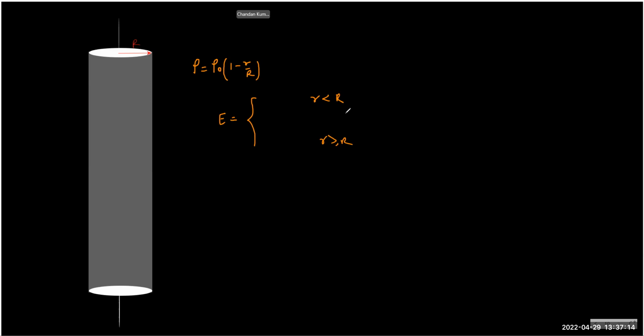So you know how to take the cylindrical shell as elementary? Sir, I'm getting the answer for r less than R as rho naught r by epsilon naught into 1 by 2 minus r by 3R. Rho naught upon 2 epsilon naught into r minus r by 3.